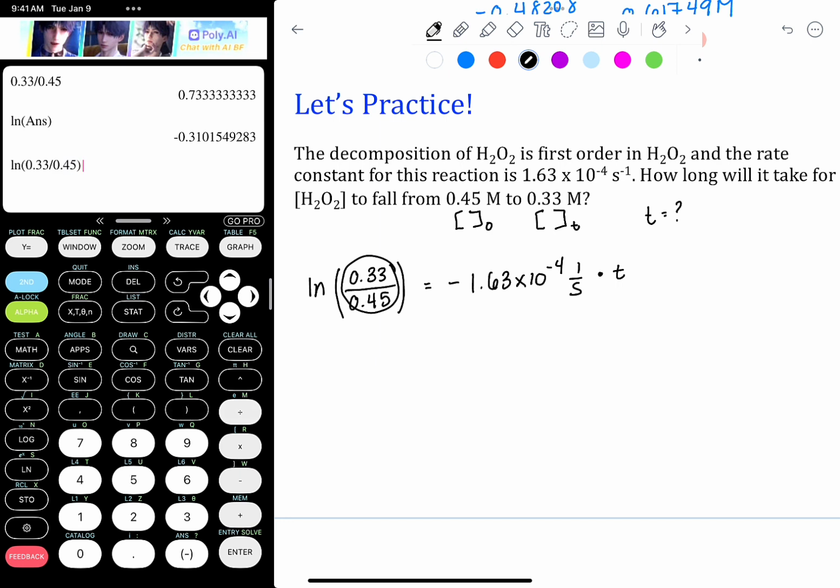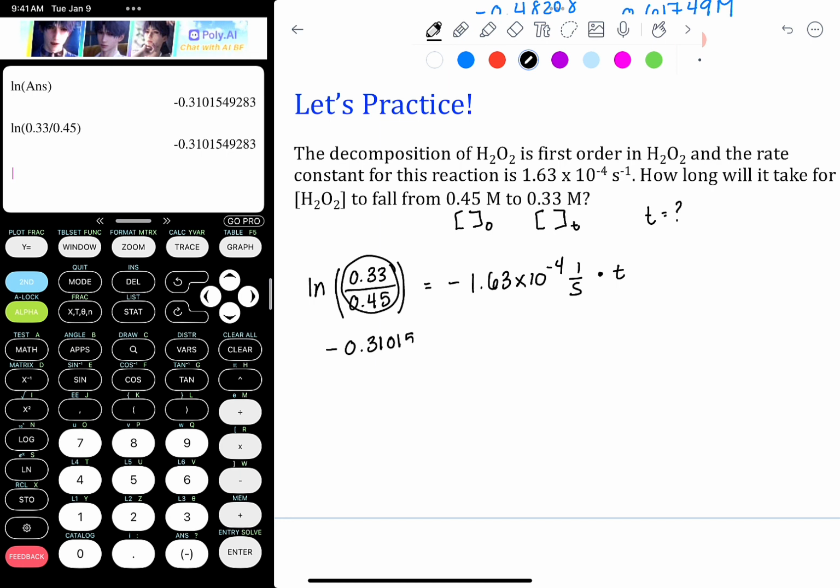Notice how I'm putting it all in the same parentheses with the natural log. That's telling your calculator, I want to take the ratio of those two numbers, and then do the natural log. That's what the parentheses is telling it. And that gives you the value that you want. So just make sure that you are punching that into your calculator correctly.